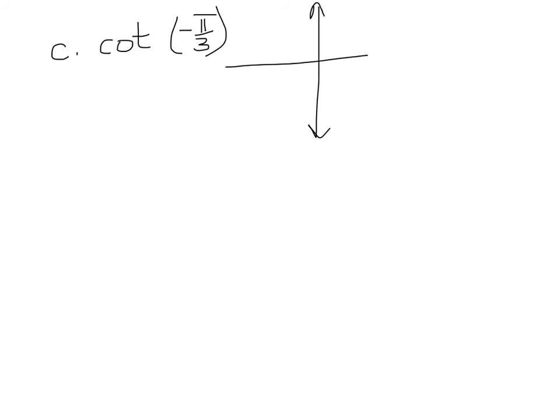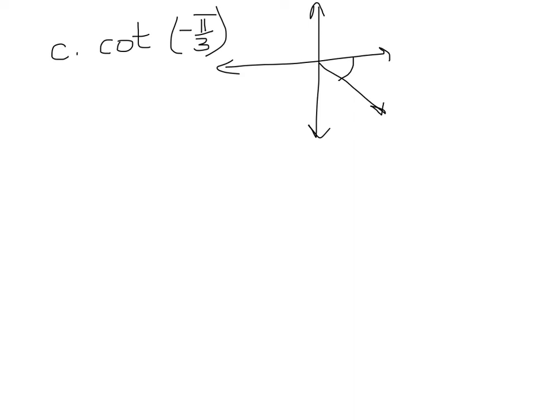And then the last one, cotangent of negative pi over 3. Well, you know negative pi over 3 means we are going in this direction, which is going to land us in quadrant 4. And so pi over 3 is already a reference angle.